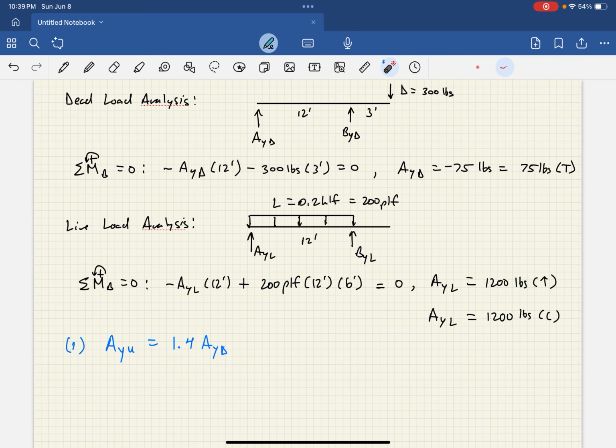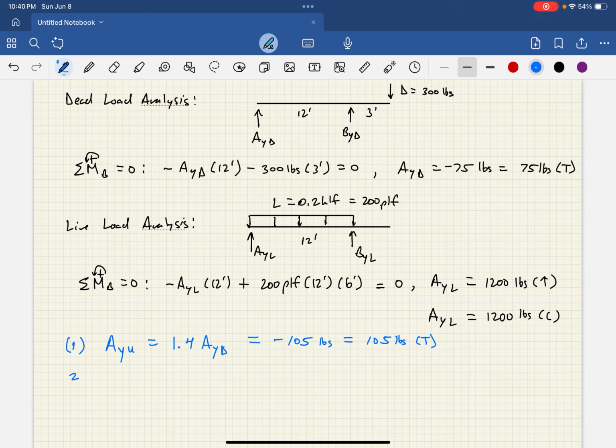So when I crank this through, what do I get? Well, I'm going to say equals negative 105 pounds, okay? So that's 105 pounds in tension. So that's not going to govern, and it's really not going to govern because the problem asked for the controlling compressive load combination for AY, okay?